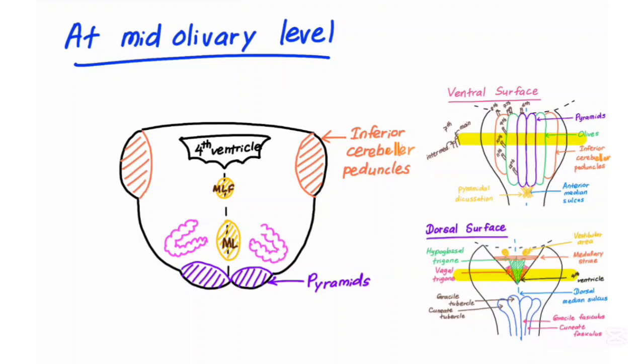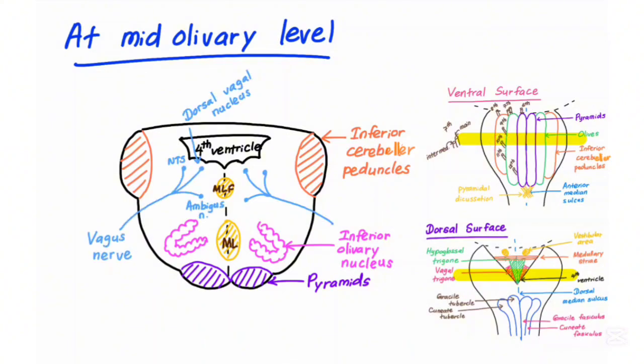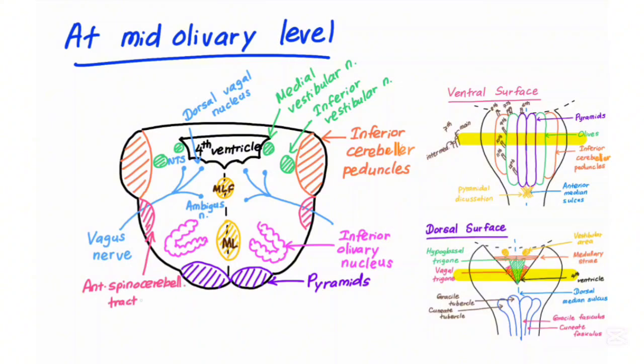Here is the inferior olivary nucleus. And in this cross section we can see the 10th cranial nerve. It is the vagus nerve and it originates from 3 nuclei. In addition, we can see medial vestibular nucleus and inferior vestibular nucleus, anterior spinocerebellar tract.